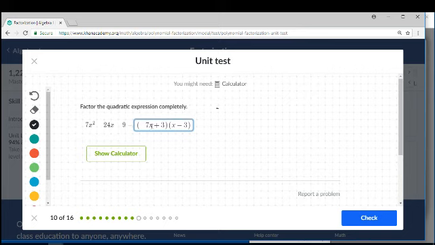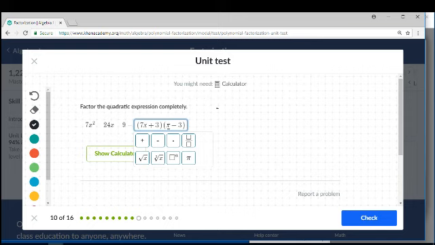So negative 7x, and x is negative 7x squared. 3 and 3 is negative 9. So this is going to be positive 24x. So this might have to become positive 7x and negative x. Negative 3 times 7 is negative 21. 3 times negative 1 is negative 24.